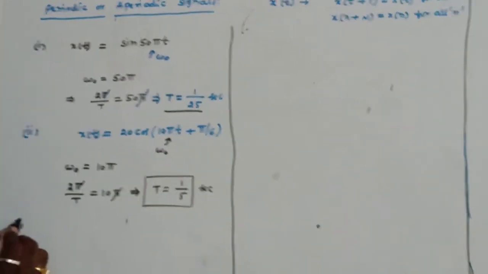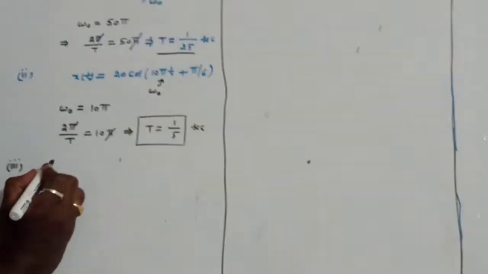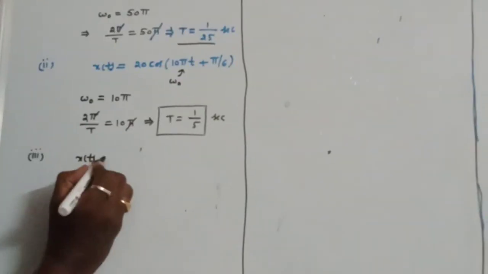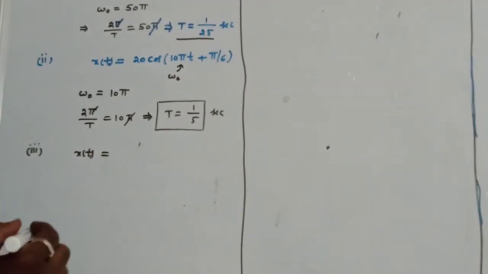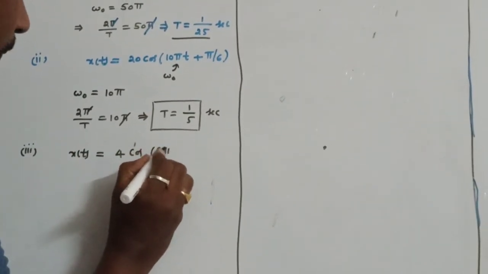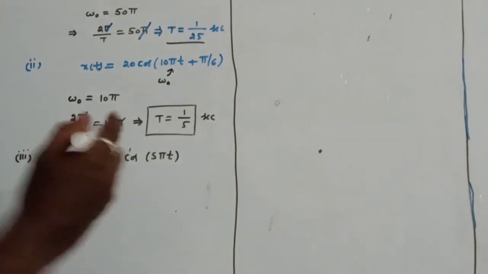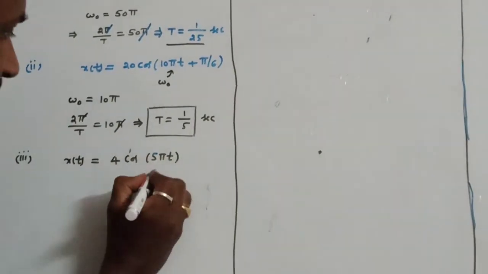Now let us take the third problem. The third problem is x of t is equal to 4 cos 5 pi t. So what is omega 0 here?